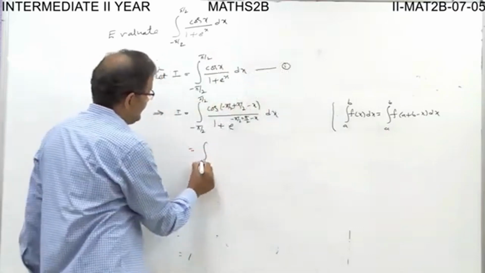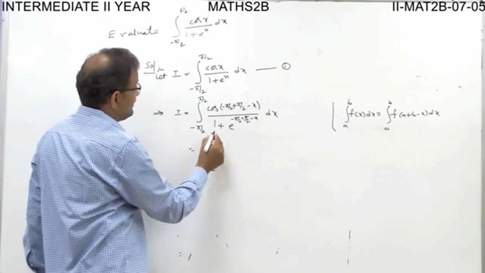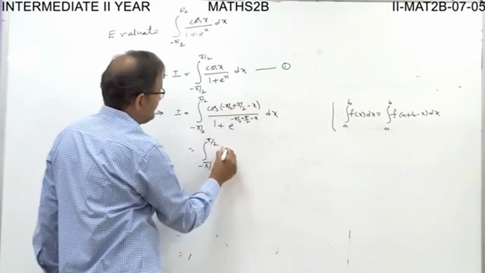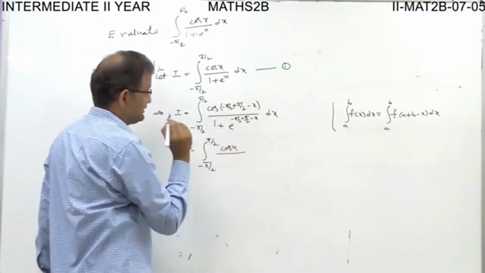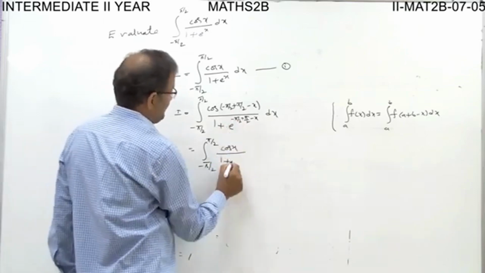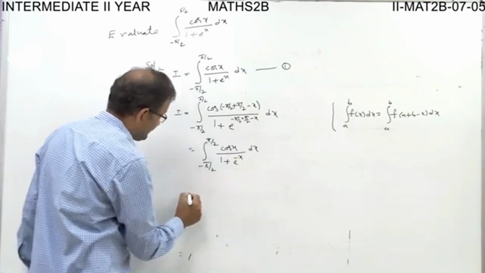The -π/2 and π/2 cancel, cos of minus x equals cos x, and we get 1 plus e to the power of minus x dx.